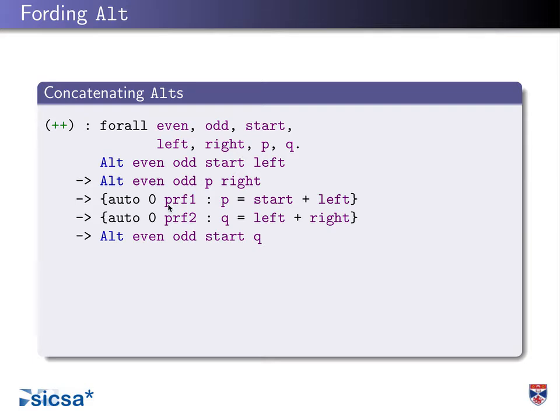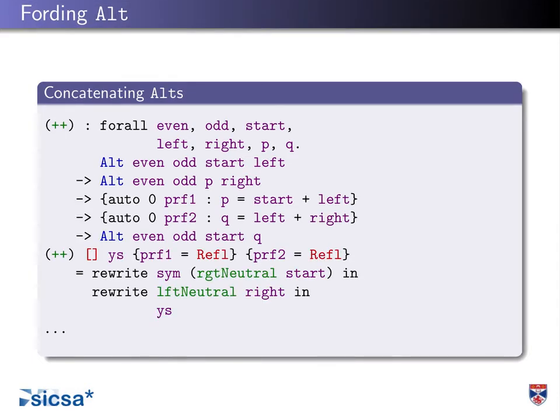So the auto allows the machine to at least try to infer a solution to that constraint. If the machine can't do it, the programmer has the ability to put something in manually. So you start writing these rewrite tactics, you apply some rewrite rules, and then you get the program that you would have liked to write.